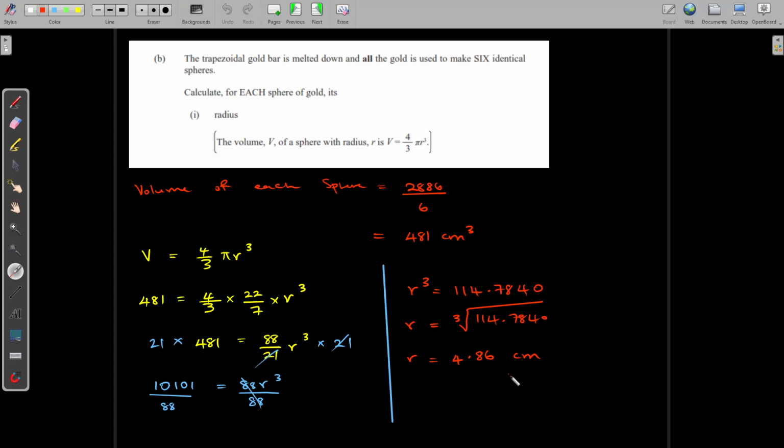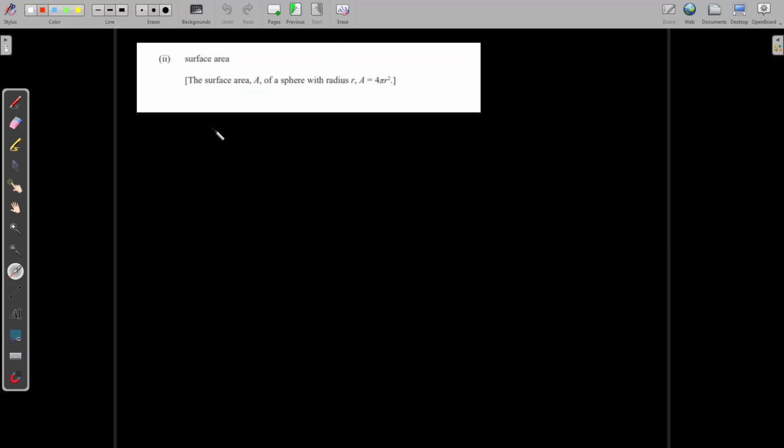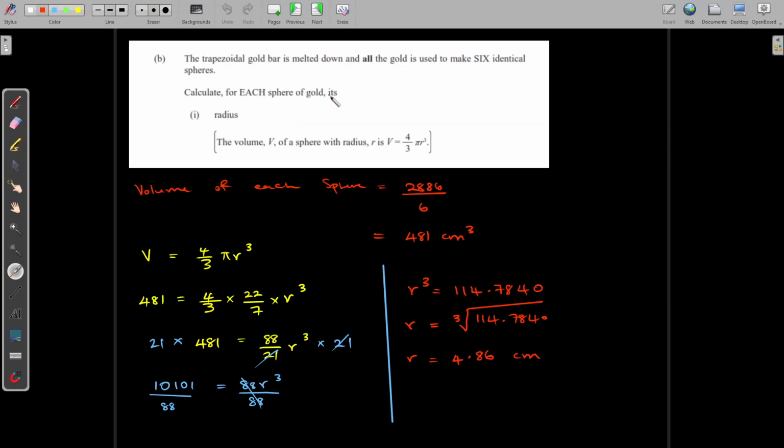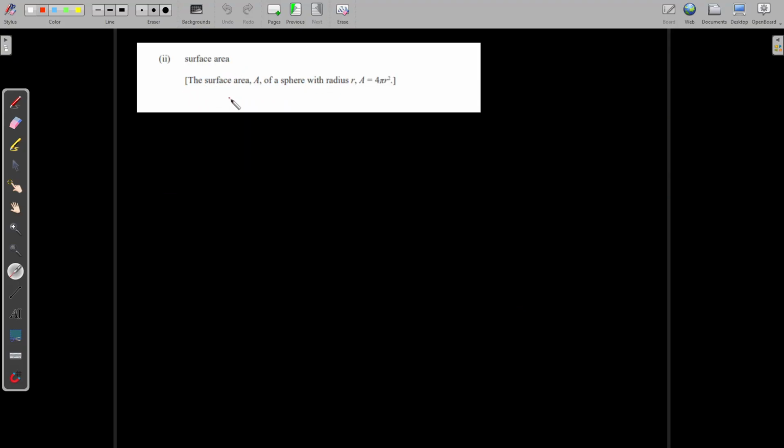Is that clear? Yes, sir. So now they are asking us for the surface area, and I'm assuming that's for each sphere. So they gave us a formula, and the formula says the area for each sphere is 4 pi r squared.